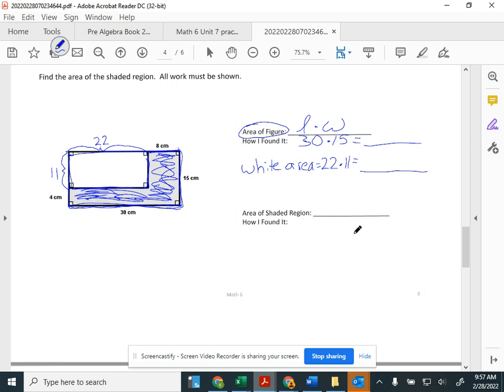How can I find my shaded area if I know the full figure and I know the white? How do I know what I'm left with, the shaded? Well, we have to subtract the two. You have to subtract the white area out of the big figure, and you are left with that shaded part. So you have to find that full area, subtract out your white area, and you will be left with the shaded area.